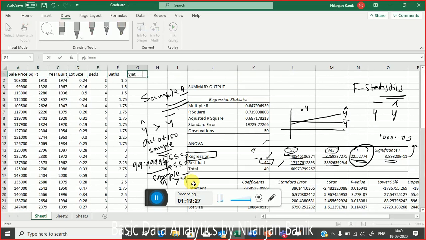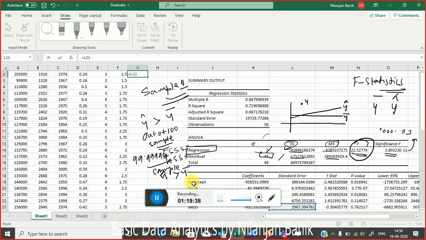Y hat is equal to this one, right? Plus. Now intercept is constant, so here you have to put a dollar sign. Plus this one, this is my beta 1. Here also you have to put a dollar sign. Beta 1 times what? x1, right?